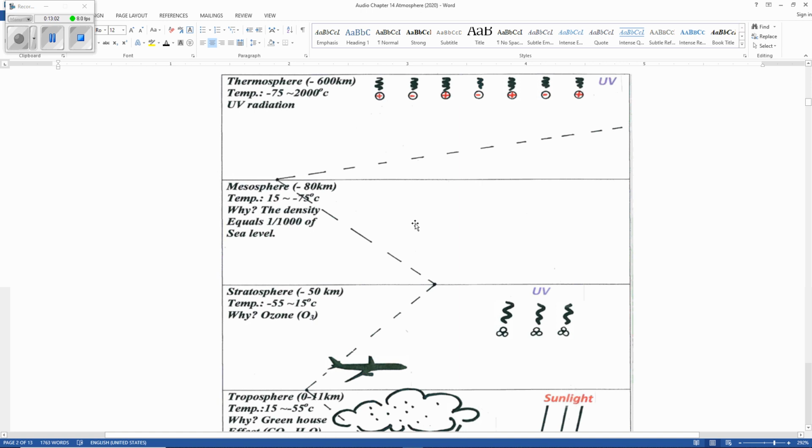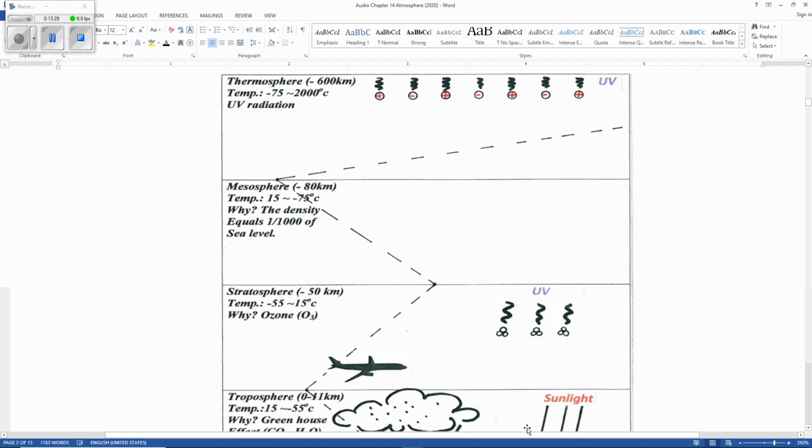Because there are not many air molecules, no greenhouse molecules, no ozone molecules. The density of the atmosphere dropped to 1,000th of sea level. Okay, simply speaking, suppose you have a box, let's say a 1 centimeter cube, 1 cubic centimeter.